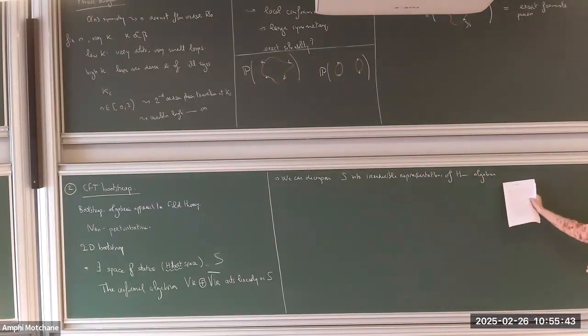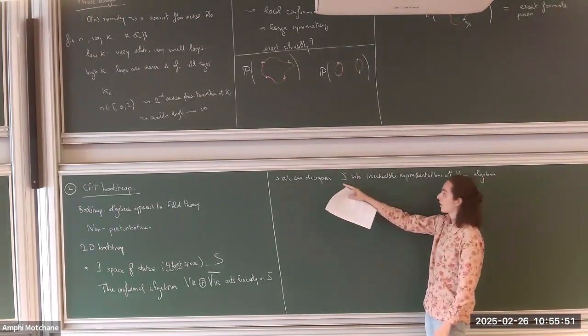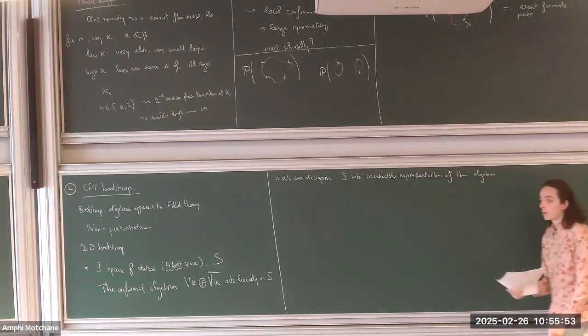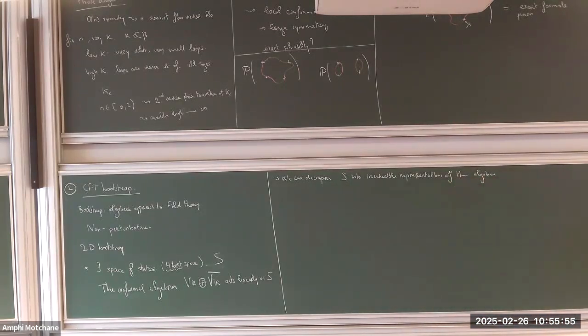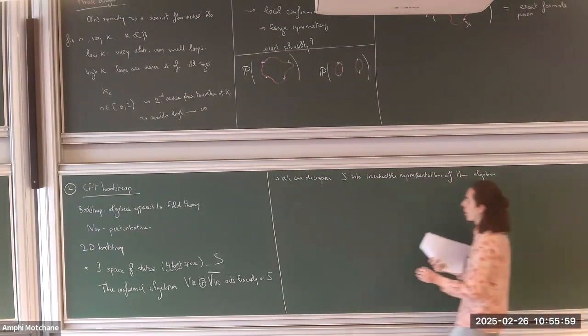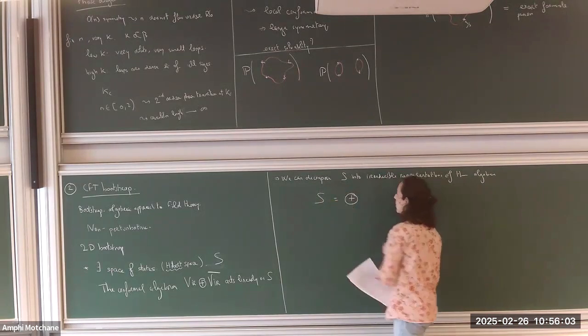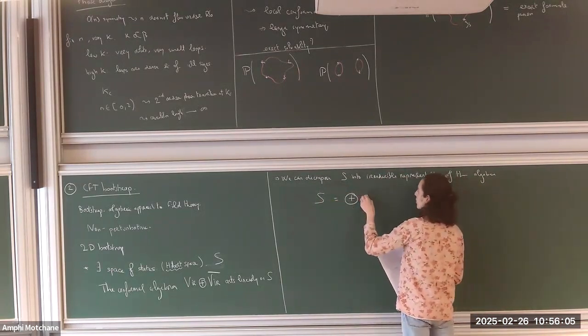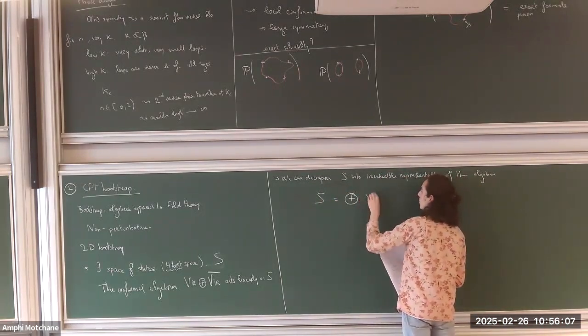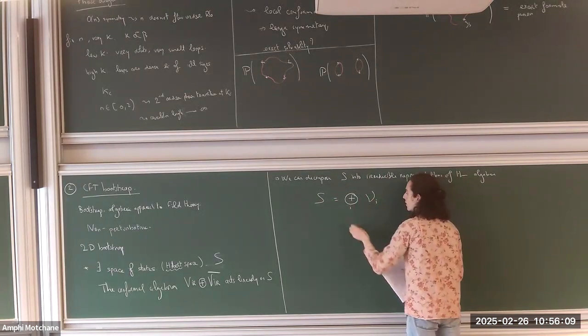There's a slight oversimplification in this sentence because the conformal algebra is not semi-simple, so we cannot necessarily reduce any representation of this algebra into irreducible representations, but I will just ignore this technical detail and write S equals sum of certain modules of the algebra, which I will denote V_i.